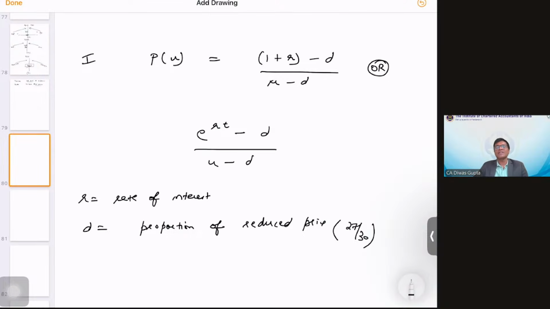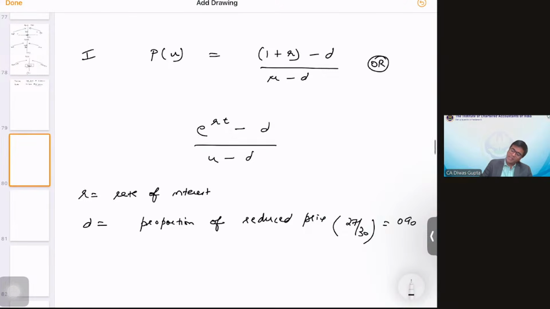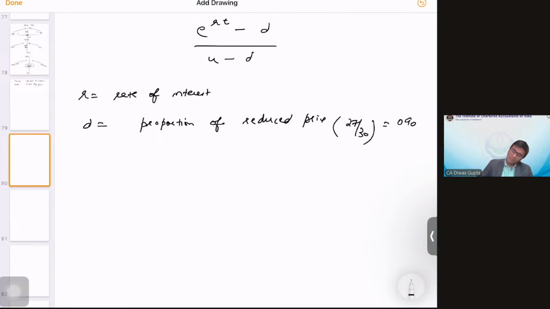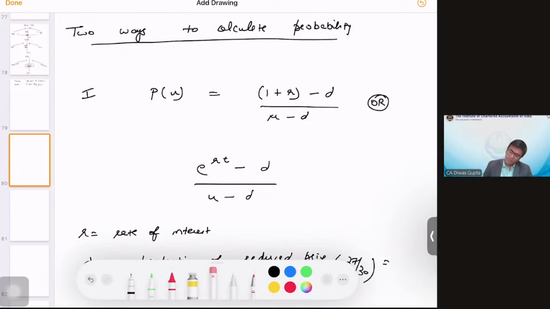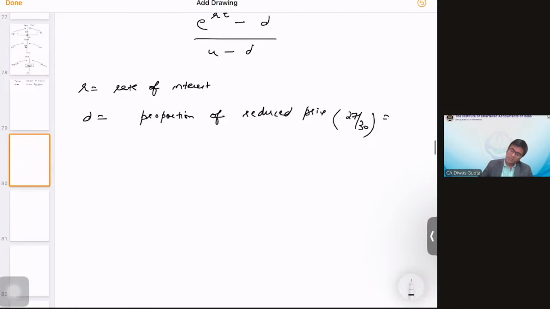So 10% it came down. So that means D is equal to 0.90.